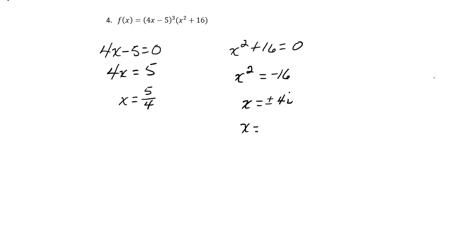I'm going to write that out as two separate answers, 4i and negative 4i. In my first factor, I had an exponent of 3. So 5/4 has a multiplicity of 3. My second factor of x squared plus 16 only had a multiplicity of 1, so I really don't need to write anything out for that.